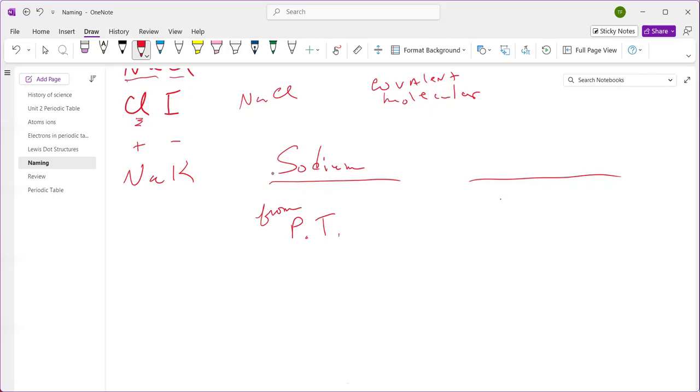Over here, you have to have the ion with an "ide" on it. So if you look on the common ion chart on the right side at the top, you'll find it's not chlorine, it's chloride.